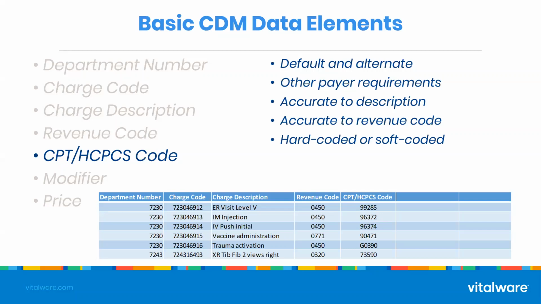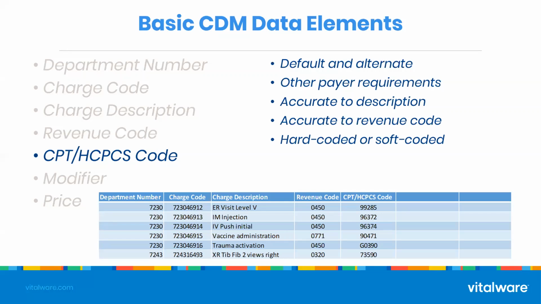Obviously, we want to make sure that our description and our CPT code are the same. So if we build a charge for an ER visit level 5, it is imperative that that CPT code represents the same thing.